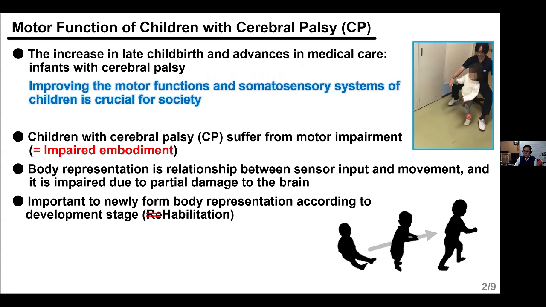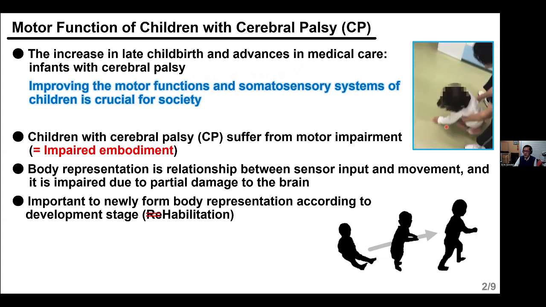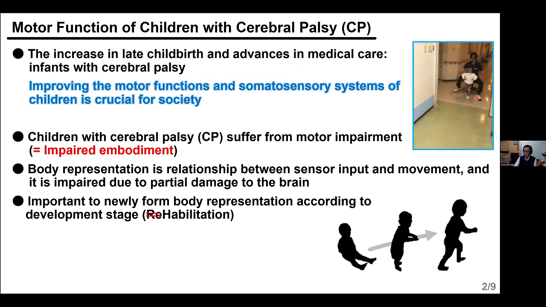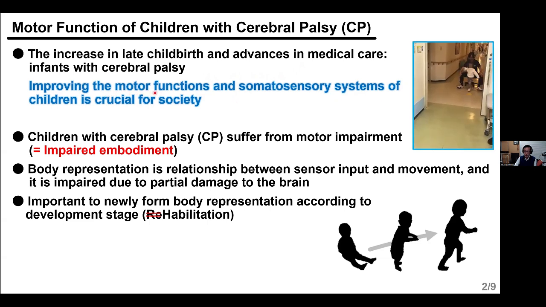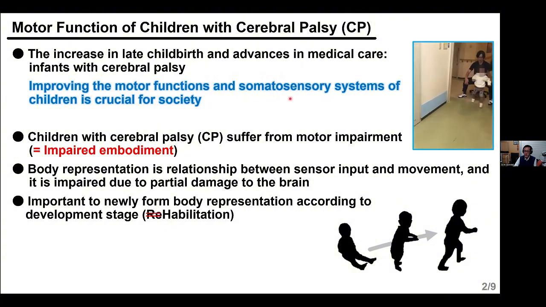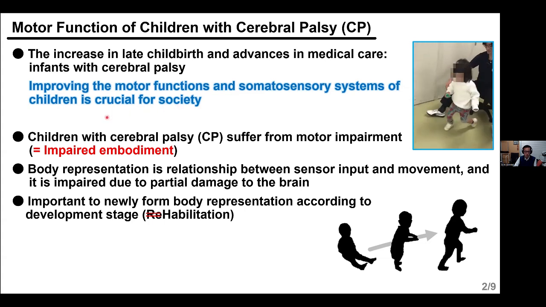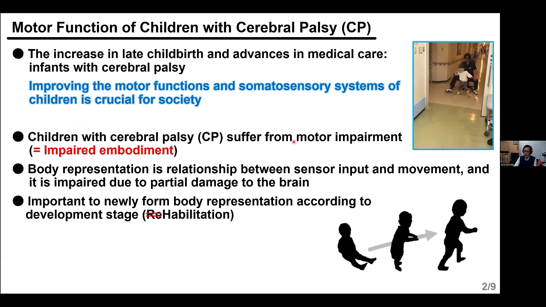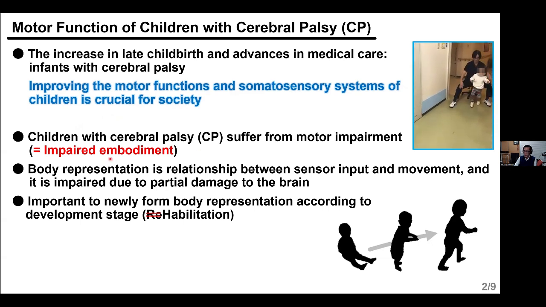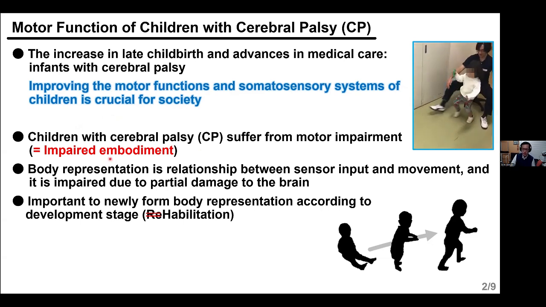This right movie shows a 4-year-old child with CP, and you can see that her walking is not smooth, and she could only walk a few steps or 100 steps. So improving the motor functions and the somatosensory system of these children is crucial for our society. Children with CP suffer from motor impairment, which I would say is impaired body embodiment.